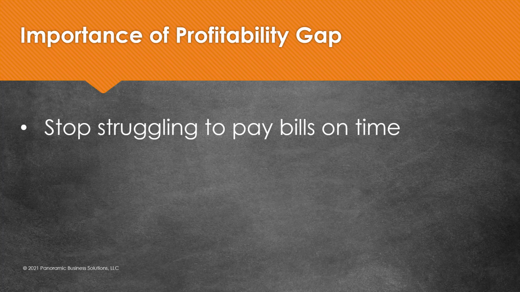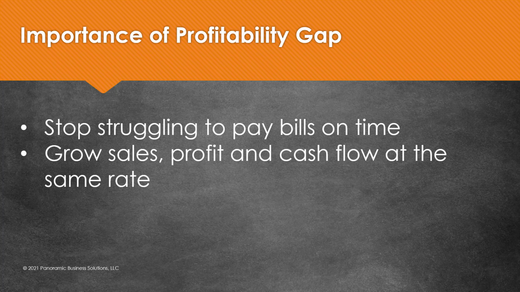So when we identify that gap and we bridge the gap, we can stop struggling to pay our bills on time. We can also look forward to growing our sales, profit, and cash flow all at a similar rate. Instead of having sales drastically increase, profit is flat, and cash is nowhere to be found, we want those numbers to grow at a similar rate.